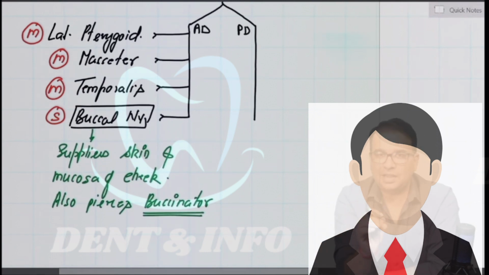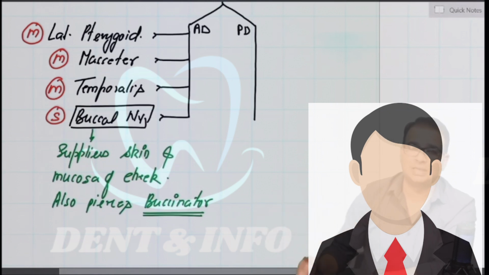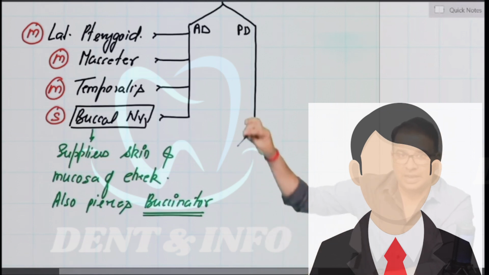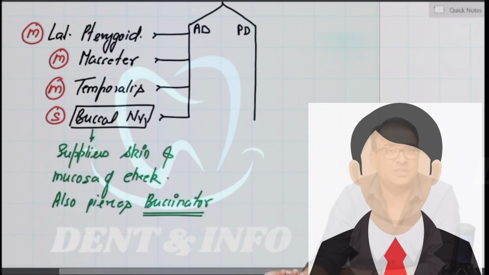Generally, the rule in anatomy is that if a nerve is piercing a muscle, it should supply it also. There are many examples in the body where the nerve pierces a muscle and supplies it also. If you stay there, you have to pay rent, right? But not in this case. Buccal nerve pierces the buccinator but still doesn't supply it. It's a sensory nerve, so how will it supply a muscle?